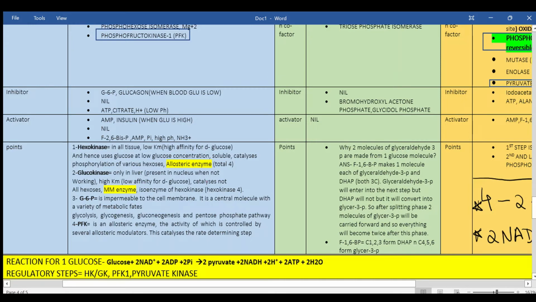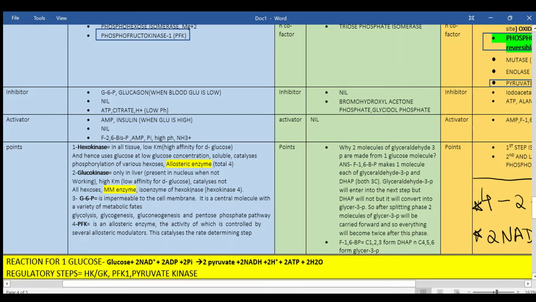Unlike hexokinase, it will not catalyze all the hexose molecules. And it is a Michaelis-Menten enzyme, meaning it has a hyperbolic curve. It does not have a sigmoidal curve, and it has a single subunit.